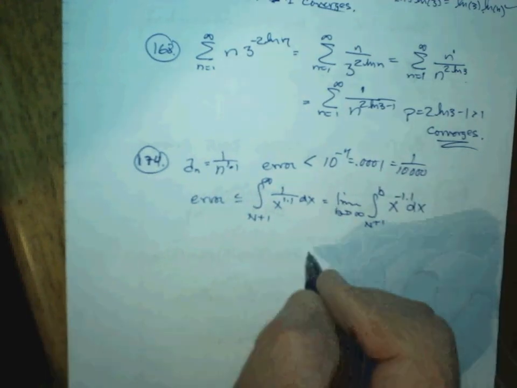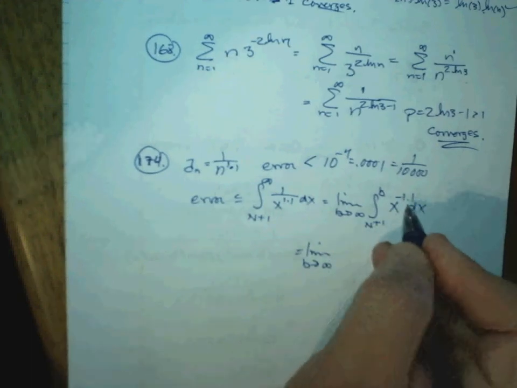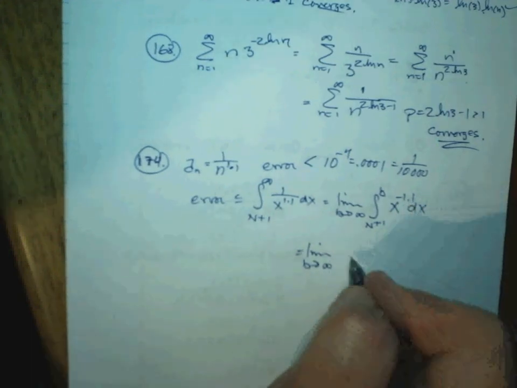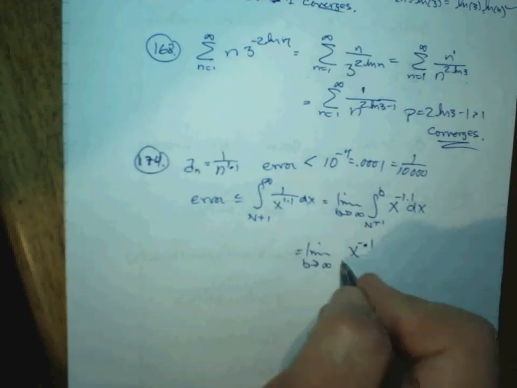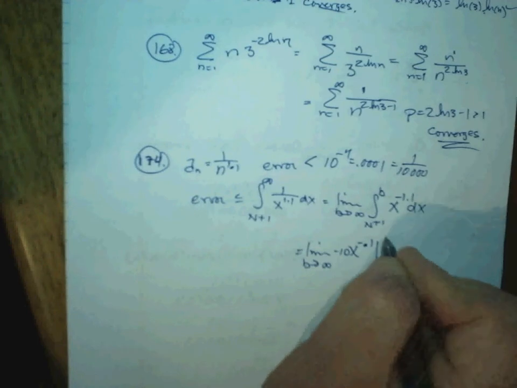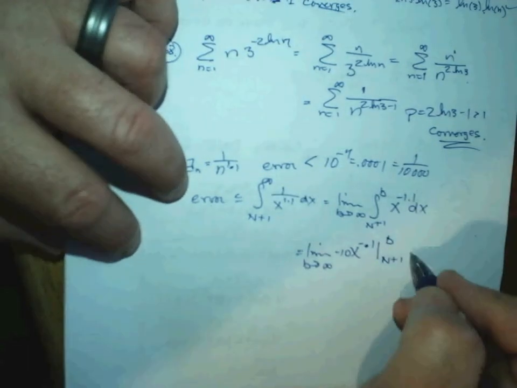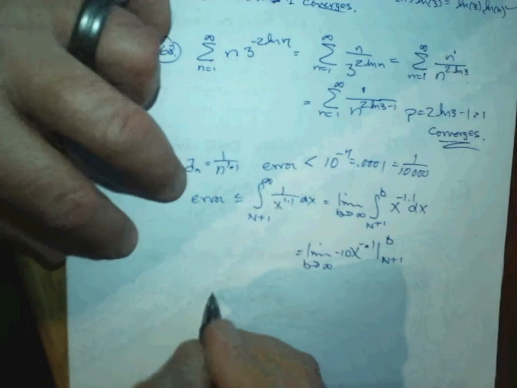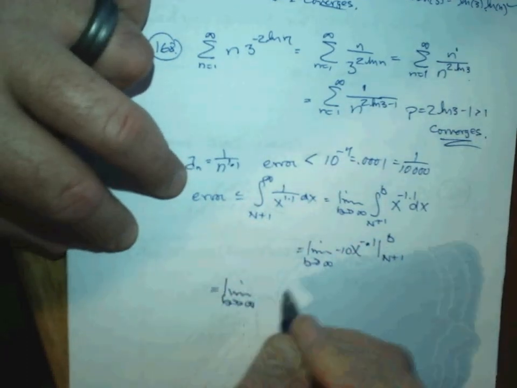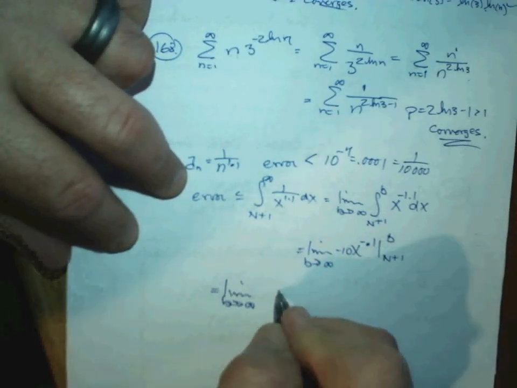So evaluate this. That's the limit as b goes to infinity from n plus 1 to b of x to the negative 1.1. Evaluate this by adding 1 to the power to get a negative 0.1. Divide by that negative 0.1, that's a negative 10, from n plus 1 to b. And so, let's see what this looks like.